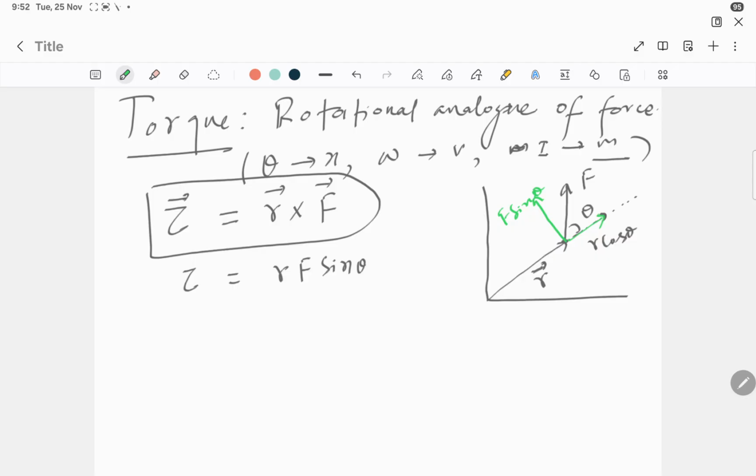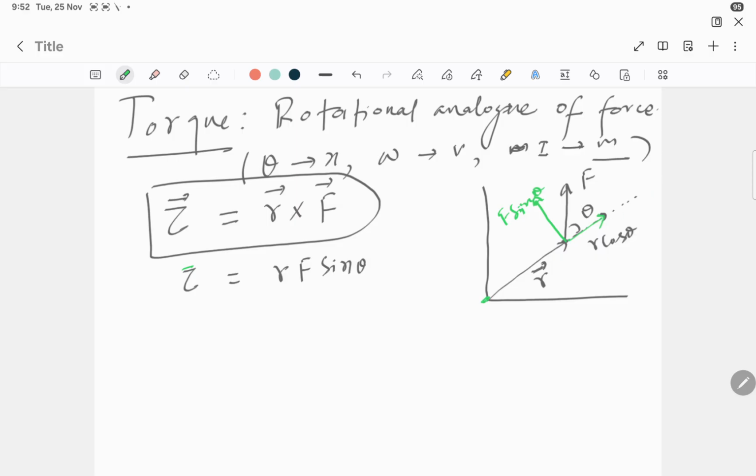Now what I mean to define is something which measures the rotational effect caused by that force. We can see that the component F cos theta has no contribution in any kind of rotation.